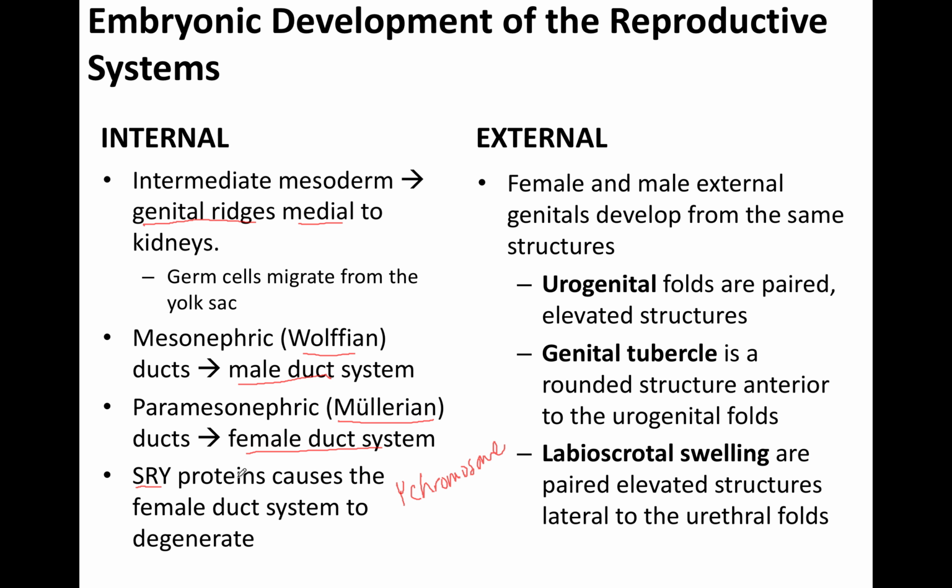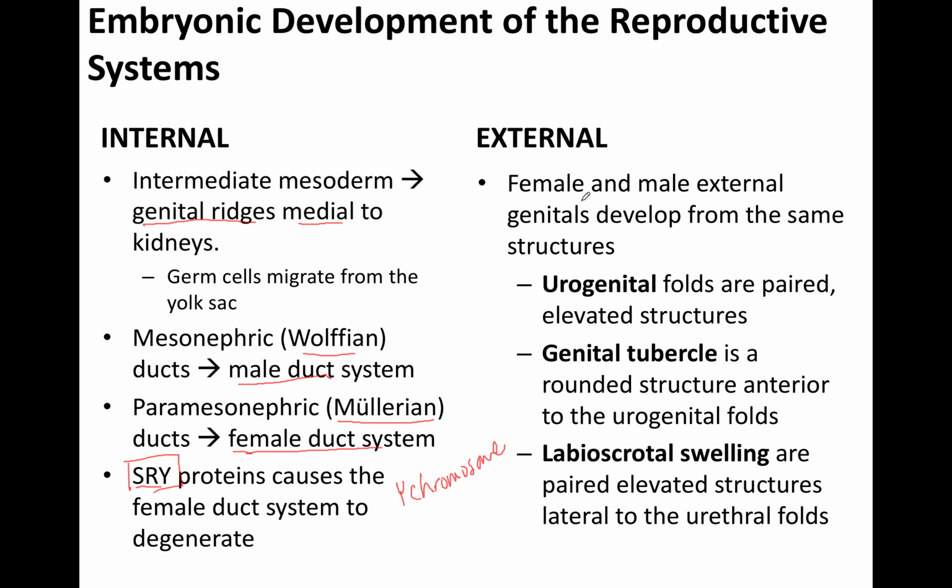When the SRY protein starts to be produced during embryonic development, it is going to tell the Mullerian system to disintegrate or degrade, causing the male duct system only to be formed. So that's an interesting thing, because when that Y chromosome is not present, that means the fetus will become female.